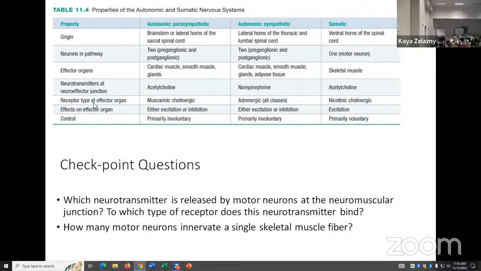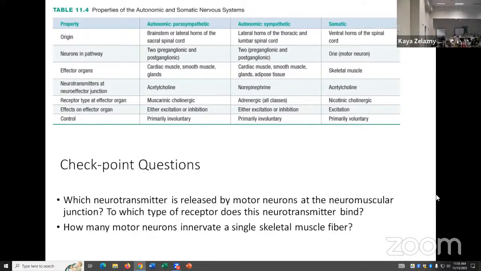You can see the receptor type for each of these that would be on the effector organ, receiving that neurotransmitter. We can see some of those effects here. So this is a big summary table to pull it all back together.